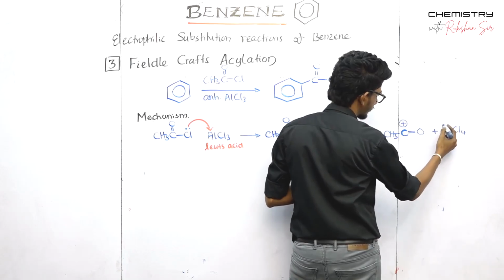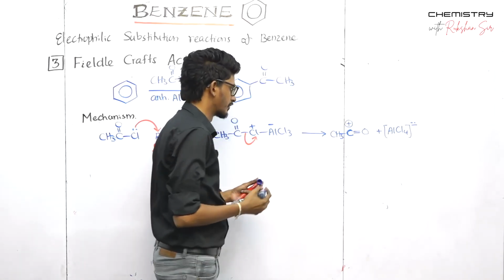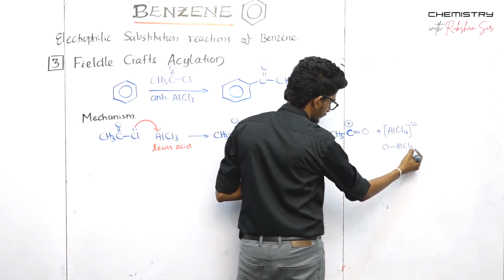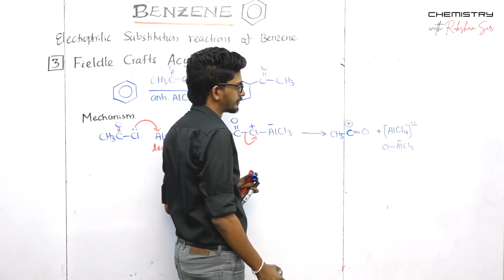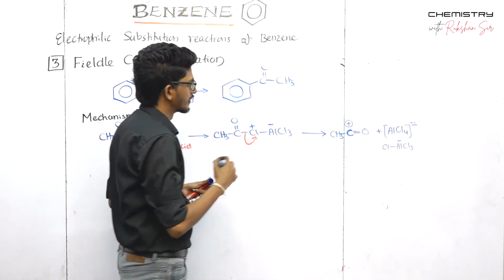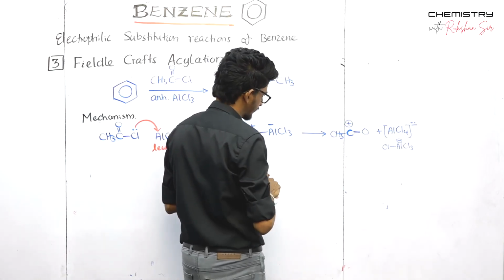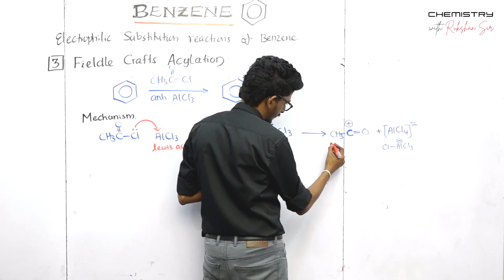AlCl4 minus. One can write the same stuff like this as well. No worries, both acceptable, right? So this is your active electrophile bearing a positive charge on that carbon.